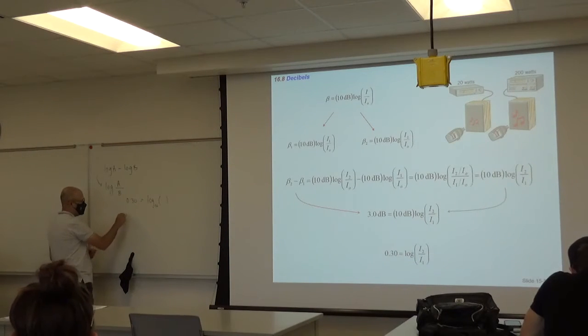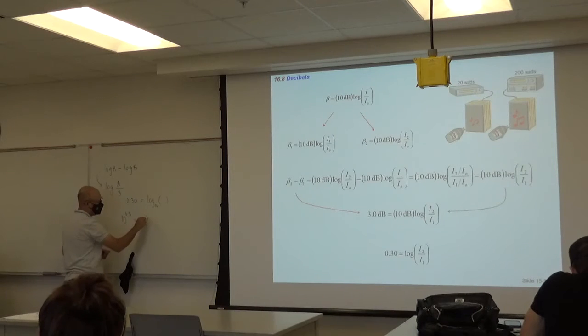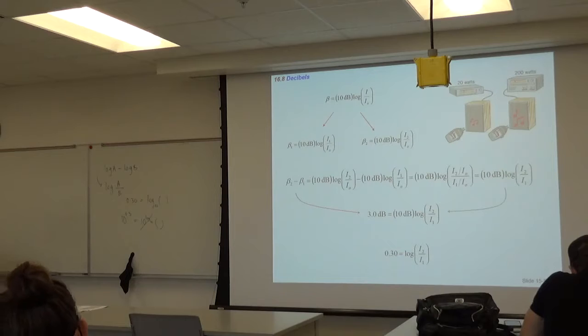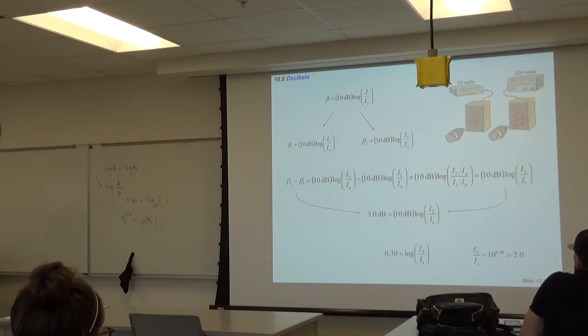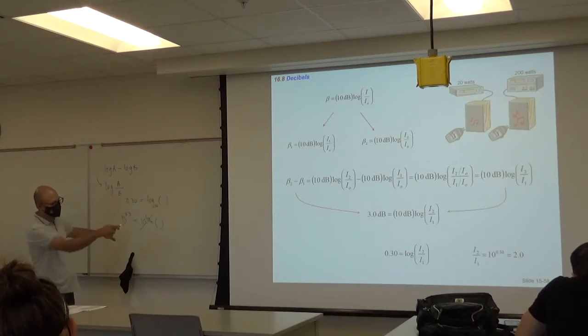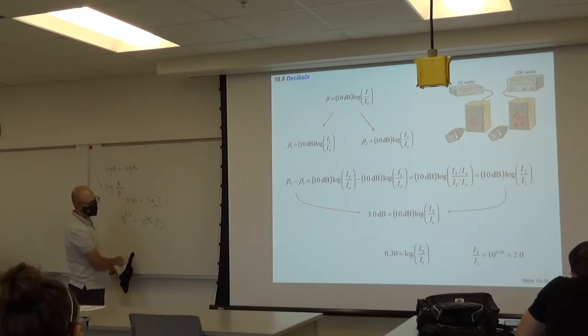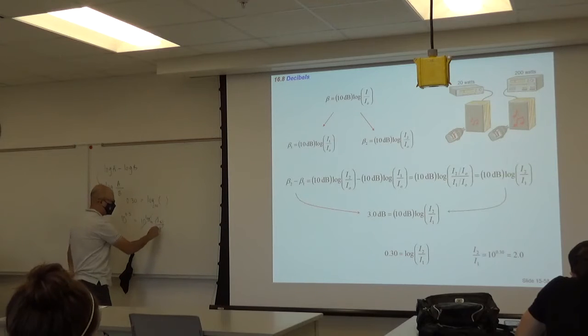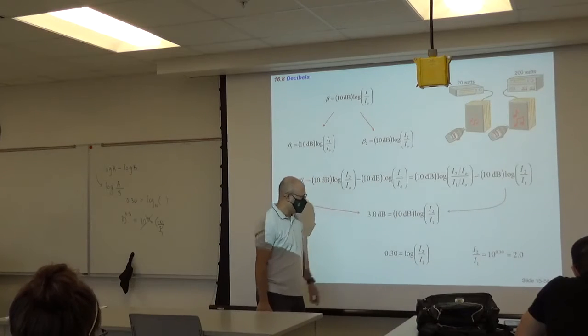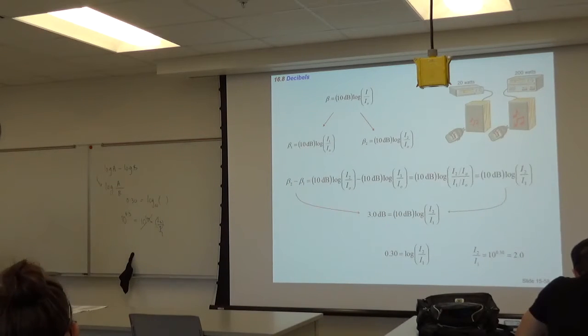So 10 to the 0.3, and 10 to the log 10 will cancel, and then we'll have the desired relationship: 10 to the 0.3 equals I2 over I1. So how I got this is applying base 10 on both sides, and base 10 cancels with log 10.